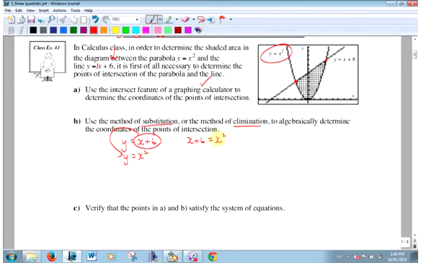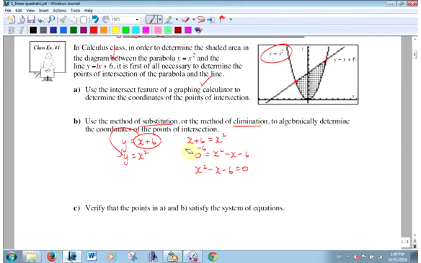Let's keep this positive. Let's get minus x over to that side, like minus x to both sides. Let's get 6 over there, minus 6 to both sides. So I got x squared minus x minus 6. There's nothing left on the left side. Or x squared minus x minus 6 is 0.